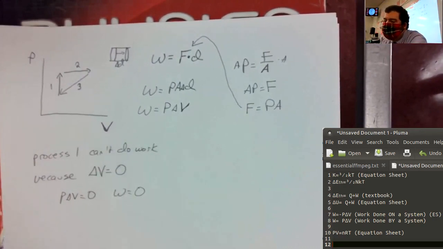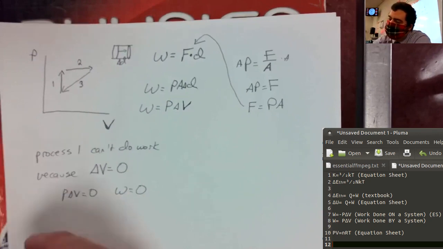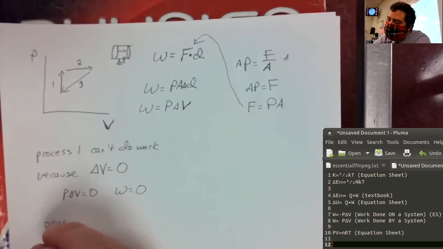So what is actually happening with process one? We've got essentially pressure building, but volume's not changing. So what could be something that would cause that?